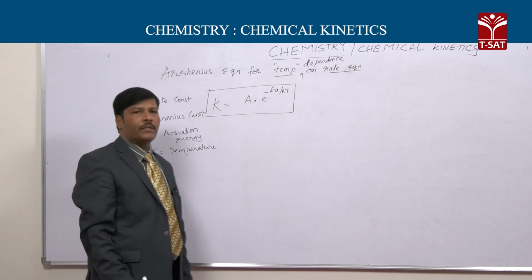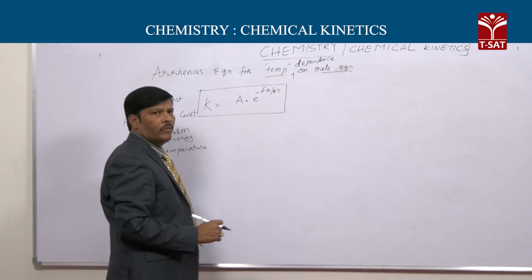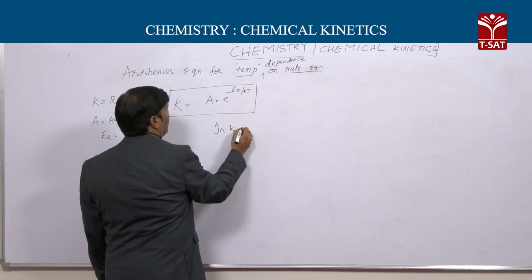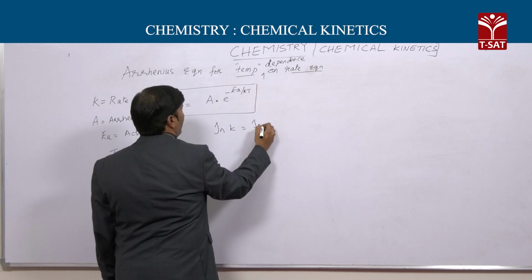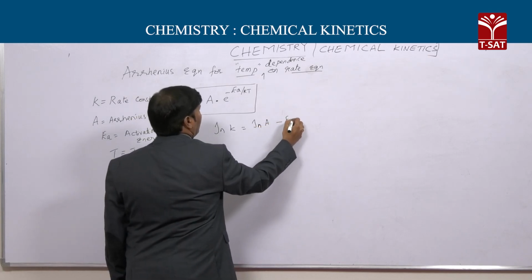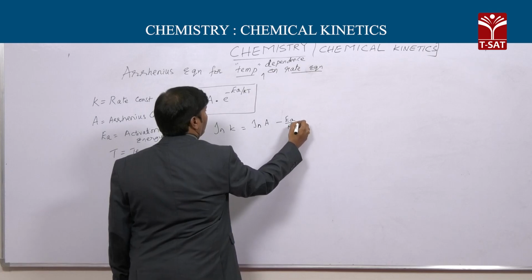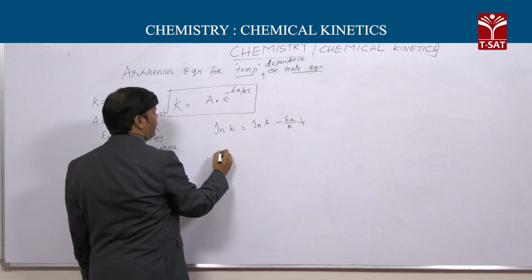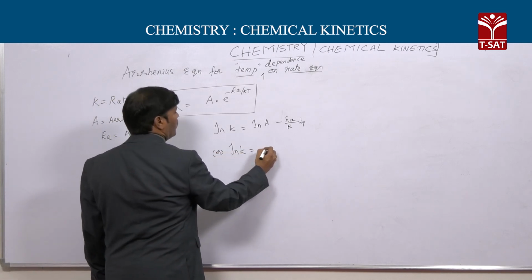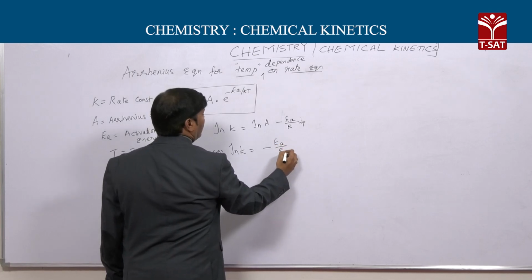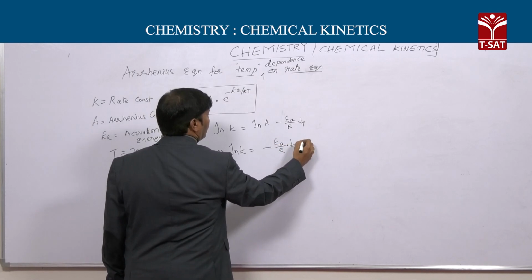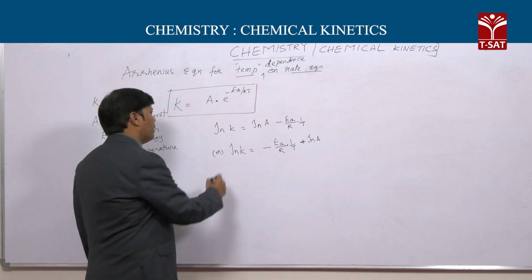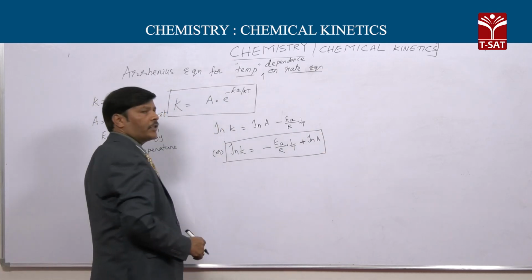So what we need to understand here is, if I remove the exponential form on the RHS side, the same expression I can write as ln k is equal to ln A minus Ea by R into 1 by T. Or the same expression, ln k is equal to minus Ea by R into 1 by T plus ln A. Convert this expression into the equation of a straight line.